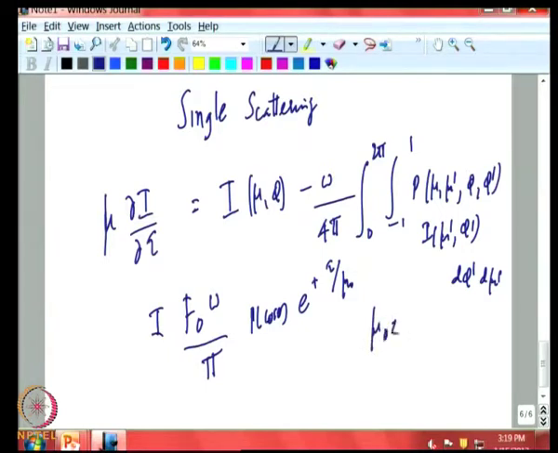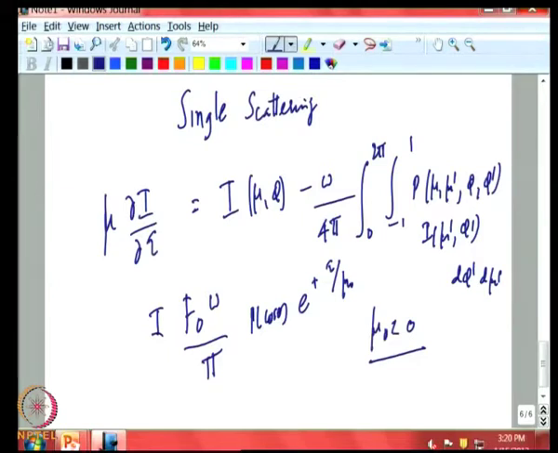So, that this term will decay, and one can clearly see that the scattered radiation depends linearly on the single scattering albedo, but non-linearly on the optical depth.